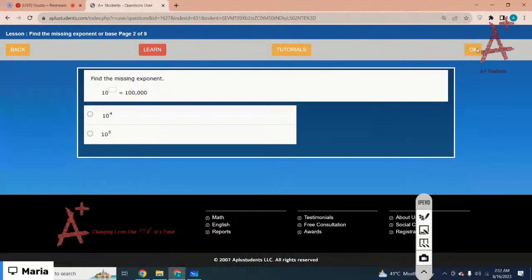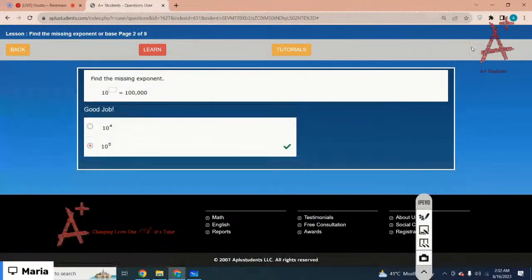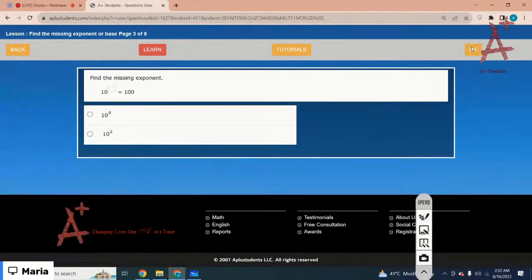That would be 10 exponent 5, because here you have 5 zeros. Find the missing exponent. Which is the correct option?